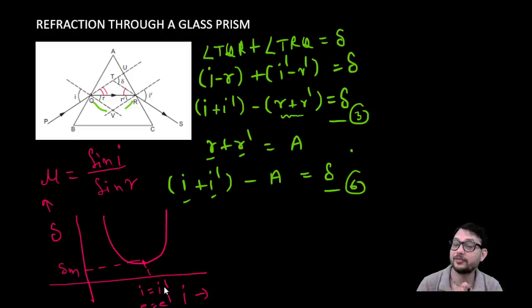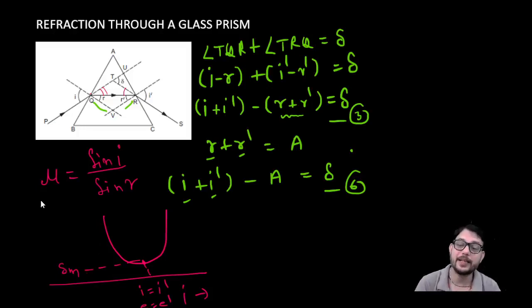So the problem is solved. Anyhow we have to write that R must be equal to R dash and I must be equal to I dash, and the problem is solved by our experiment. Our experiment indicates that if the angle of deviation is minimum, then at that condition I will be equal to I dash and R will be equal to R dash. So with the help of this experiment we can write a result.